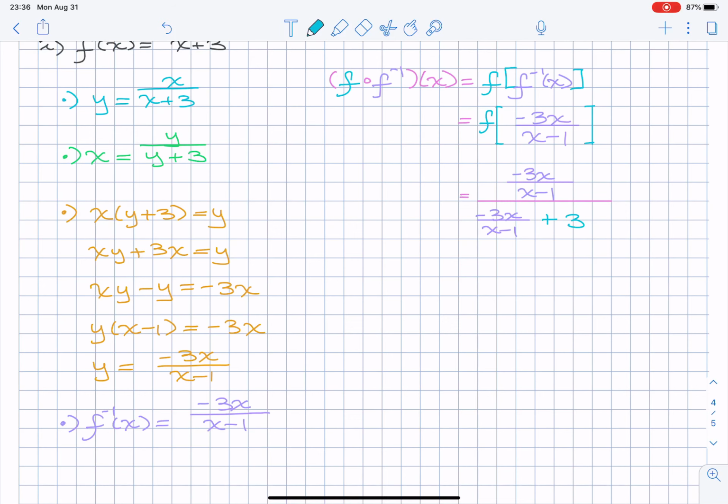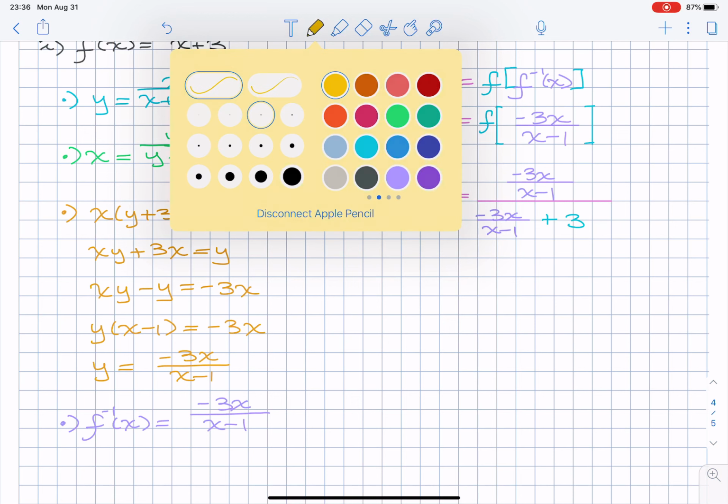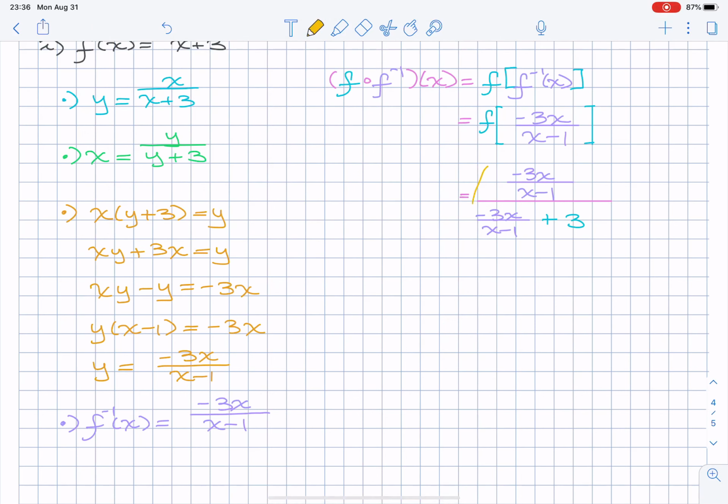We want to multiply top and bottom by the LCD, which in this case is x minus 1. So we'll multiply x minus 1 and x minus 1. So distributing to the numerator, it'll reduce, and to the denominator, it'll reduce in the first fraction, but not in the second integer.